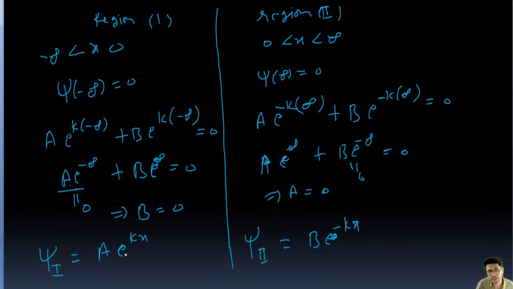Normalizing, we know, for region 1, minus infinity to 0, psi star psi equal to 1. And psi star is the same as psi, because this is a real function.